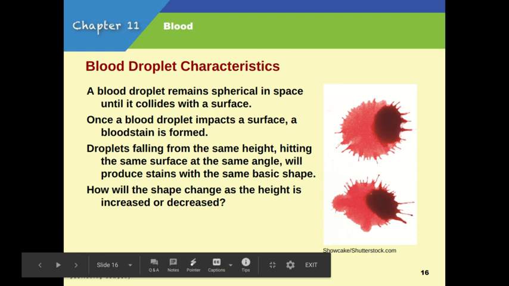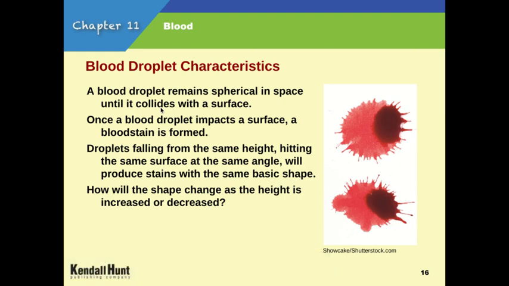So, blood droplet characteristics. Blood remains spherical when it's falling. Once the blood impacts with the surface, a stain is formed. The falling droplets from the same height are going to produce about the same kind of stain.